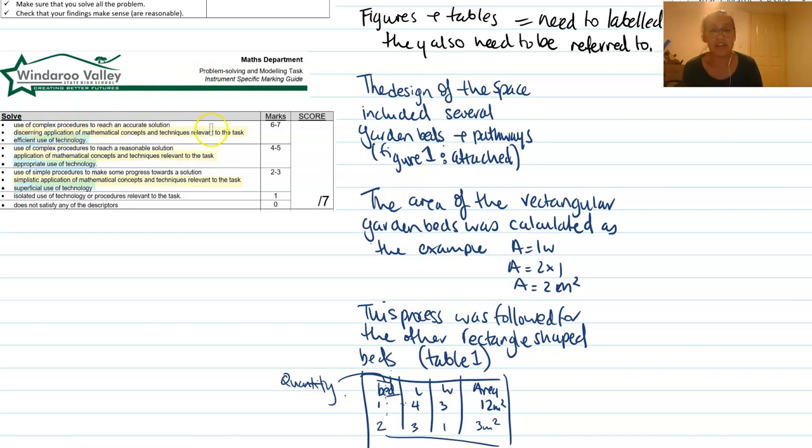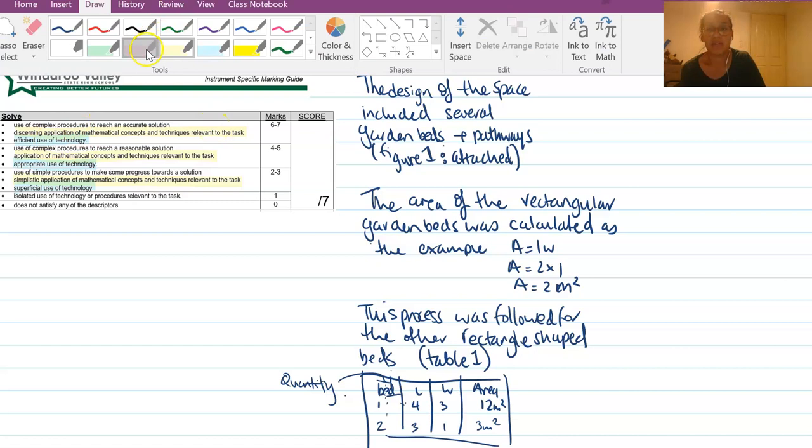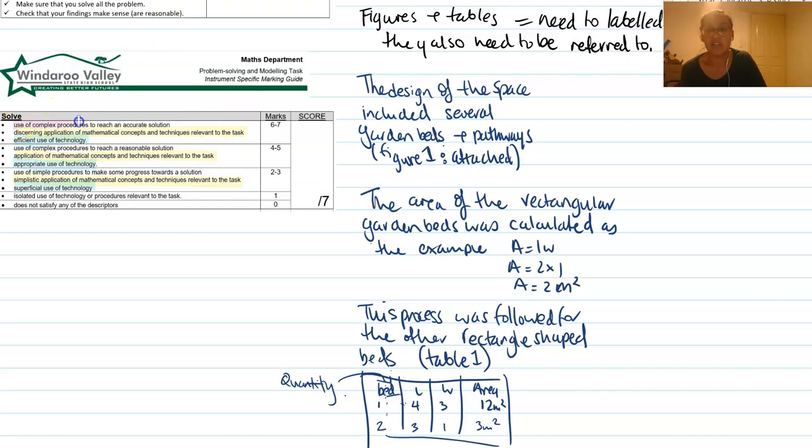And then the last one that we've got on that box is use of complex procedures to reach an accurate solution. Use of complex procedures to reach a reasonable solution, and use of simple procedures. So simple procedures would be where you are just working towards it, you might do a couple of the calculations, you might do perimeter, area, and volume, but you don't do your total.